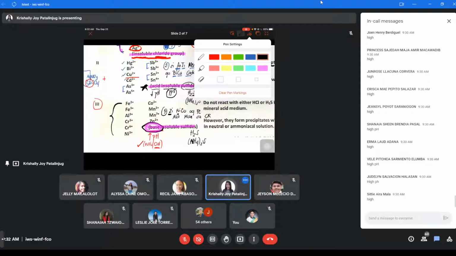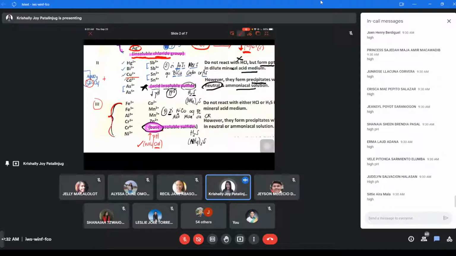Let's check if all the ions listed in group 3 are present.